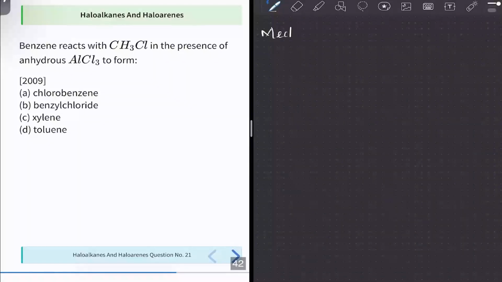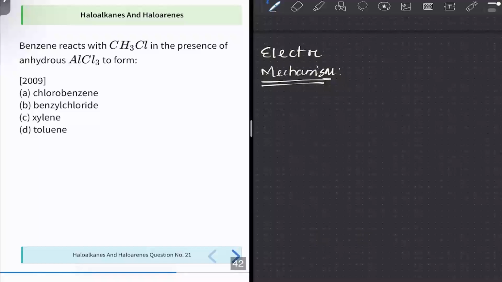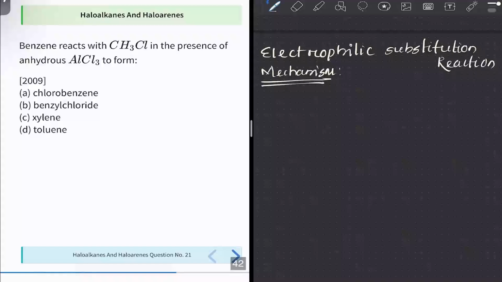The mechanism for electrophilic substitution reaction will have three steps.